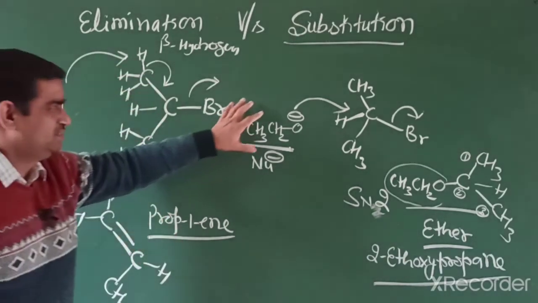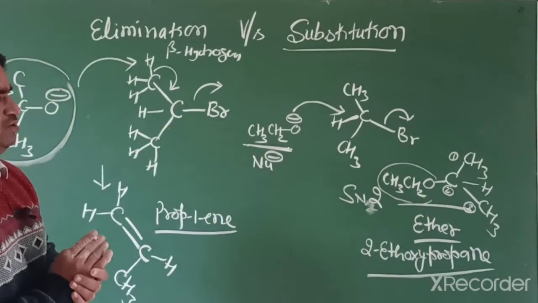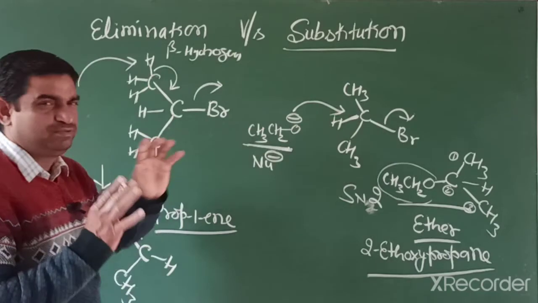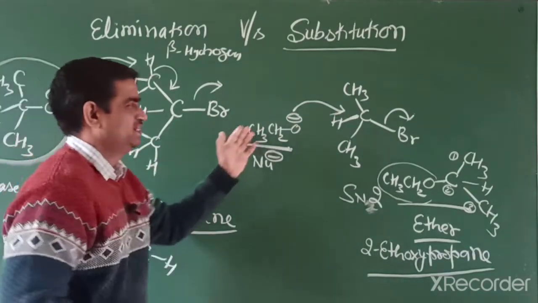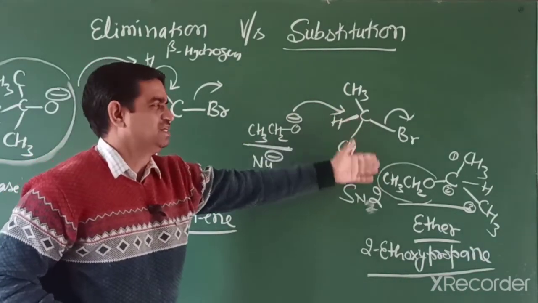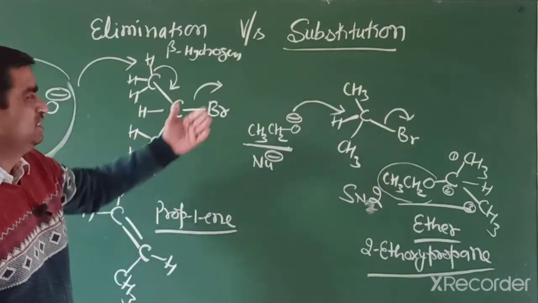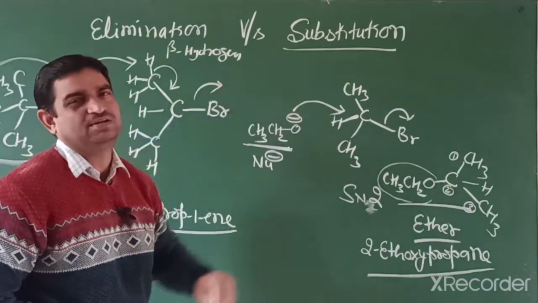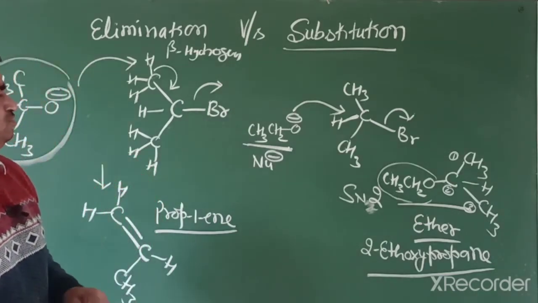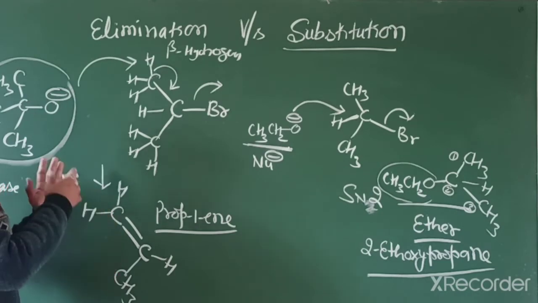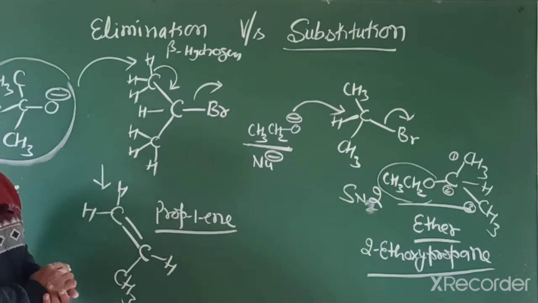This tertiary butyl oxide could not attack from the backside, but if the size is smaller, it can attack from the backside easily and we get ether as the major product. If this is OH, then we get alcohol as the major product. So there is competition between elimination and substitution. It depends on the different reaction medium.